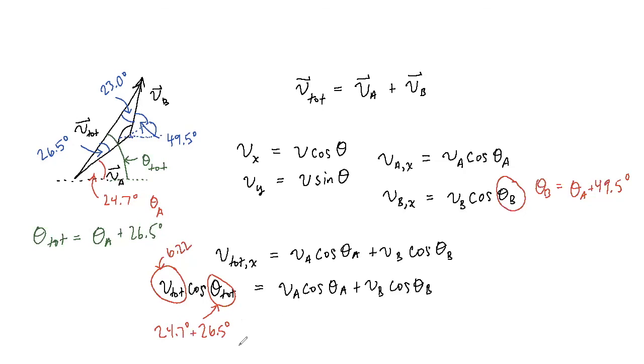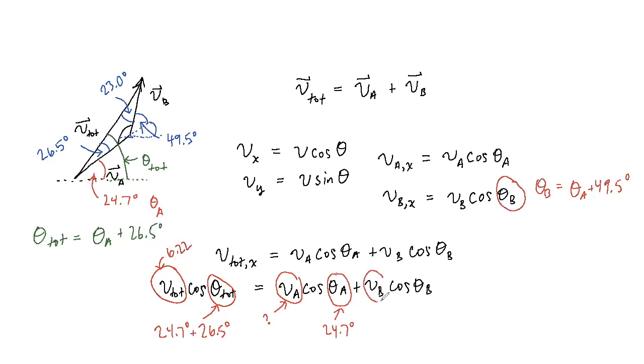So that was given. V_A we don't know, that's what we're being asked for. V_B we don't know. Theta A was given, this is 24.7 degrees.